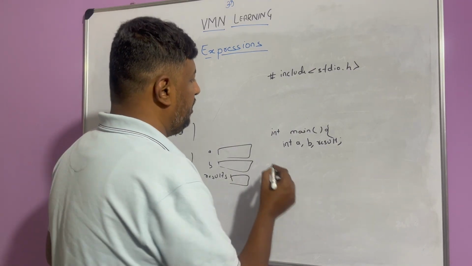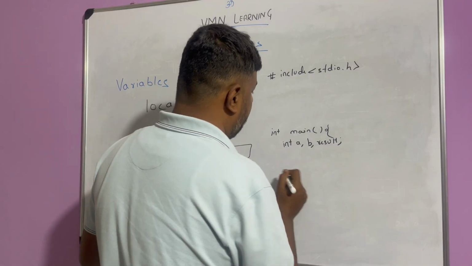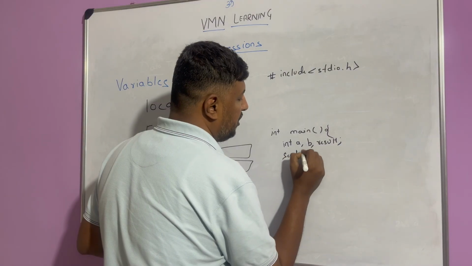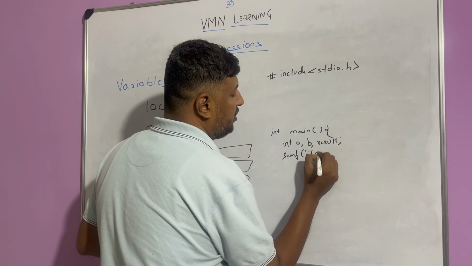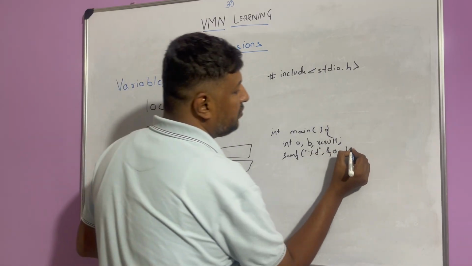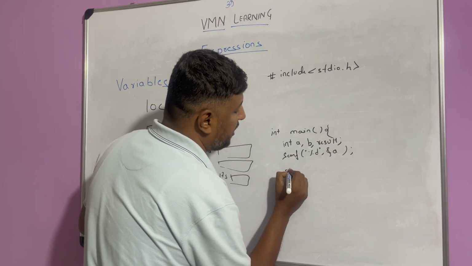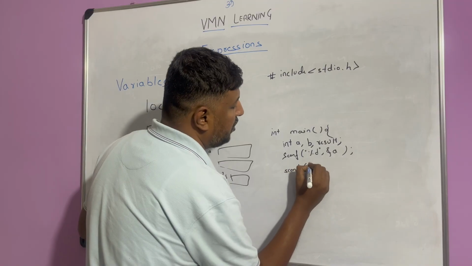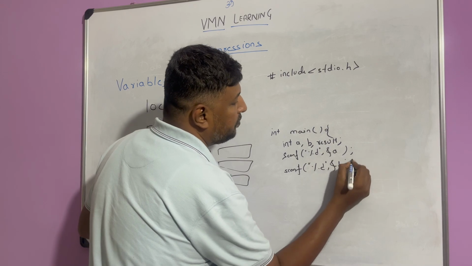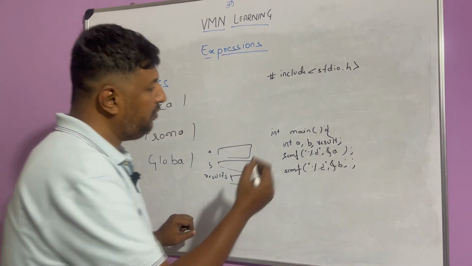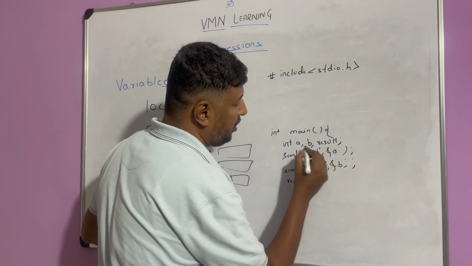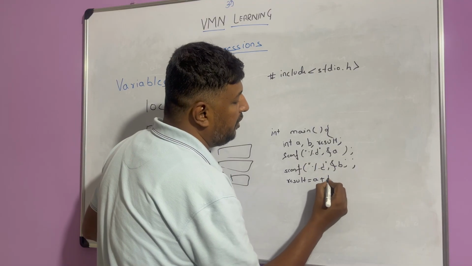Now I will scan the first value with %d and store it in a. I will scan the second value from the keyboard and store it in b. Now result is equal to a plus b.